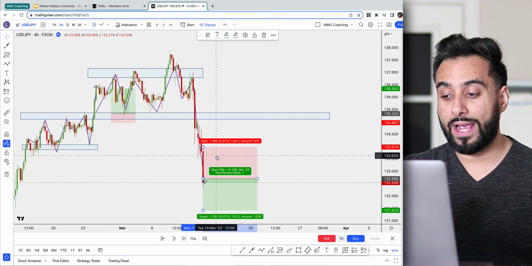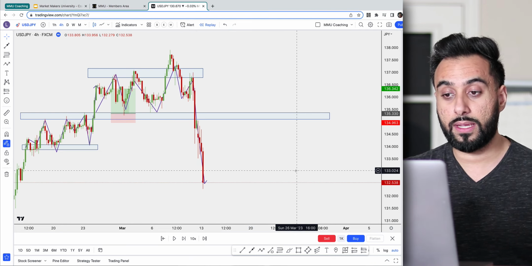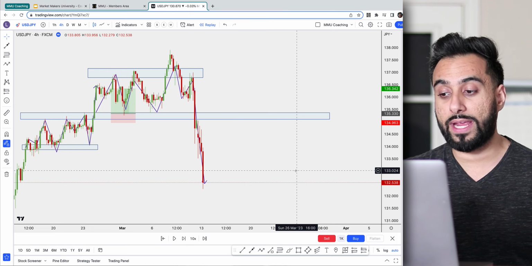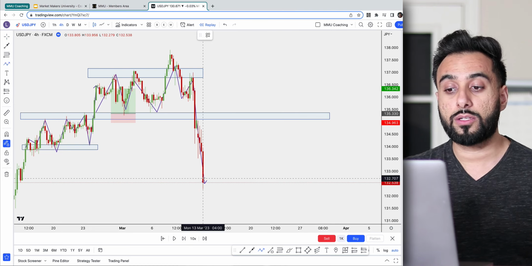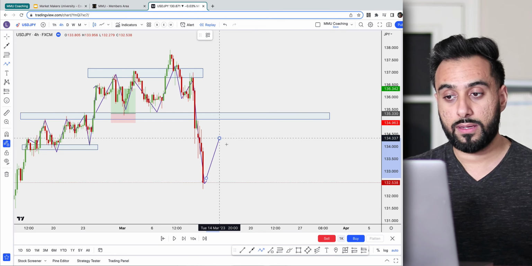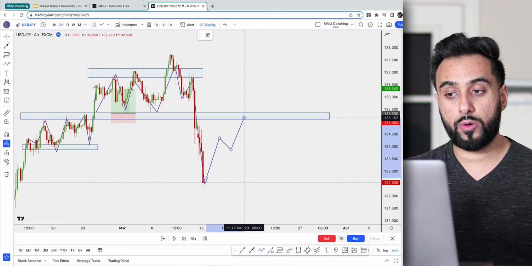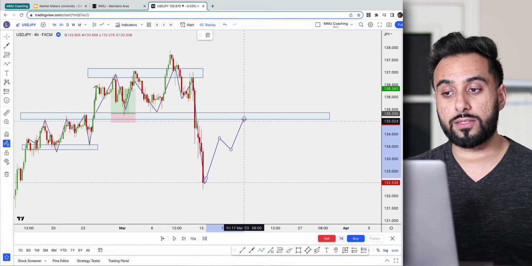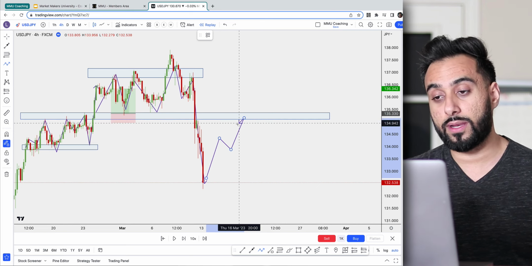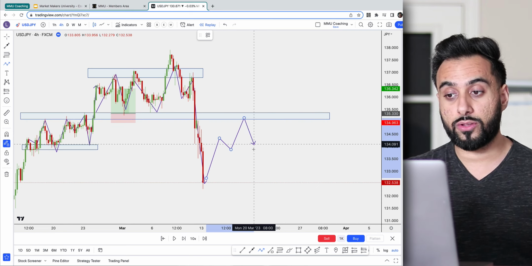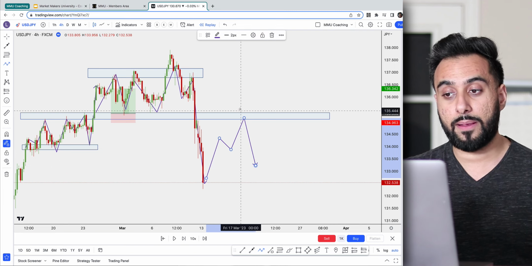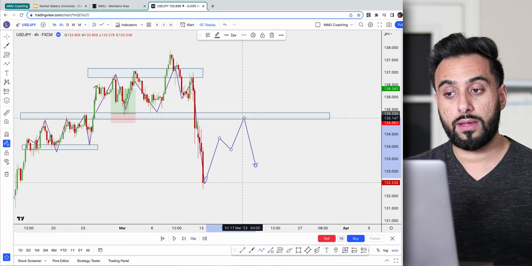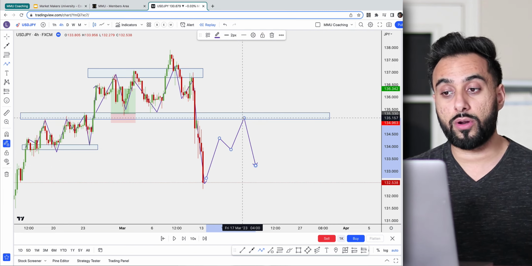Instead, a wiser decision, a smarter decision would be to be patient and wait for the price to possibly approach this break and retest zone again. And if and when it does, then enter the sell to get ourselves a better price, a better entry, and to allow us to get a smaller drawdown.